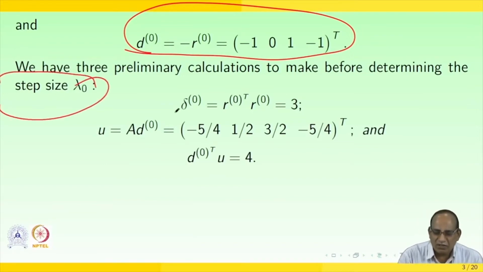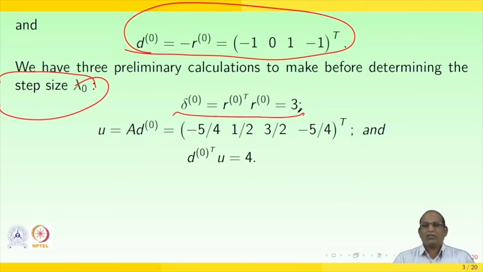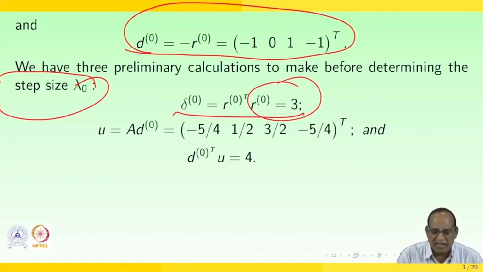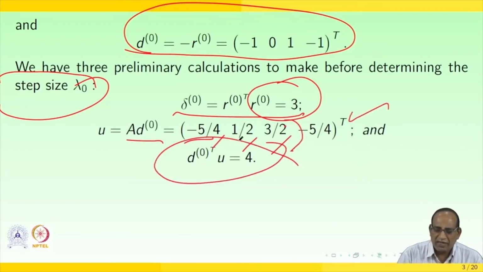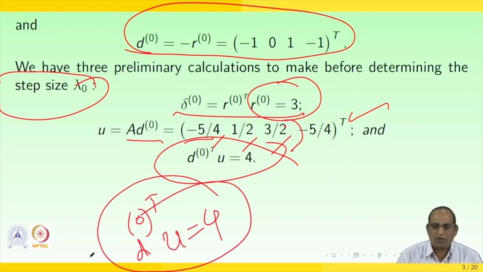Delta 0 is equal to R0 transpose R0, which is 3, and U is equal to AD0, that is 5 by 4 comma 1 over 2 comma 3 by 2 comma minus 5 by 4 transpose, and D of 0 transpose of U will be equivalent to 4.